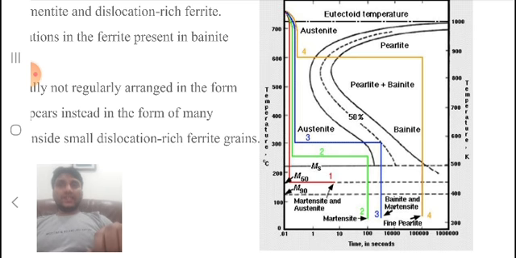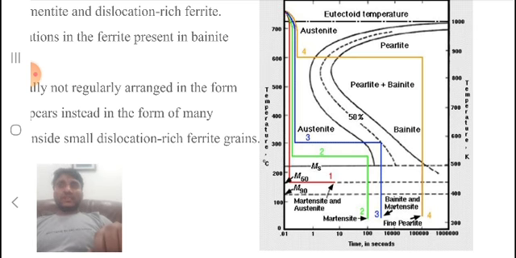This is just like martensite transformation. In martensite transformation also we have escaped the nose and we directly quenched the hypoeutectoid steel below 200 degrees centigrade and we held the temperature until the entire austenite transforms into martensite.